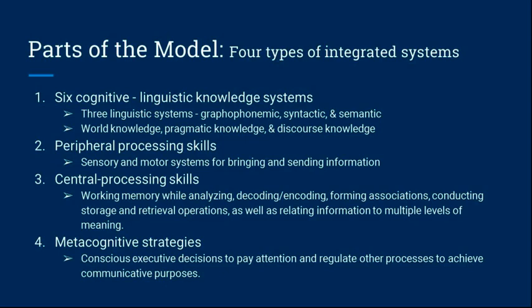Central processing skills, like working memory, while analyzing, decoding, encoding, forming associations, conducting storage and retrieval operations, as well as relating information to multiple levels of meaning. And lastly, metacognitive strategies. These are conscious executive decisions to pay attention and regulate other processes to achieve communicative purposes.